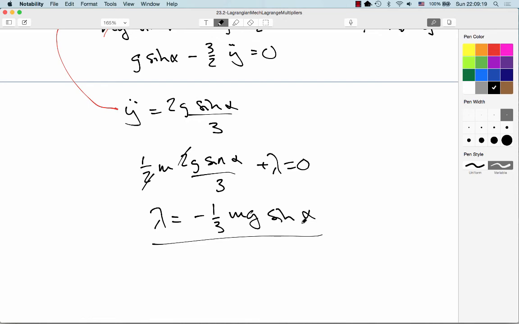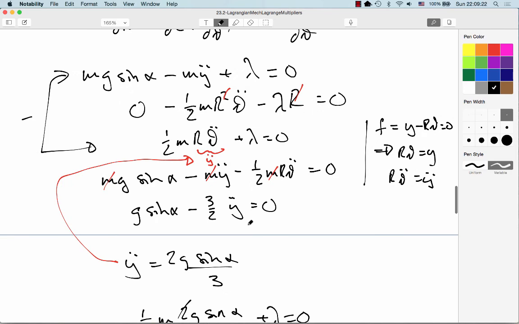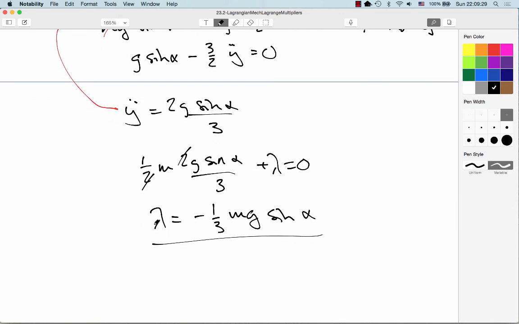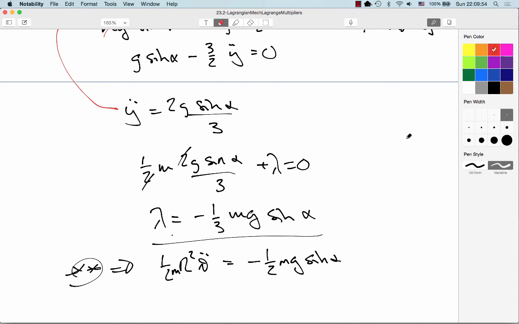I can go ahead and put it back in to here to get, let's see, we already canceled the m's, right? So 1/2 r squared theta double dot will be equal to minus 1/3 g, oh yeah, m r squared theta double dot minus 1/3 mg sine alpha.